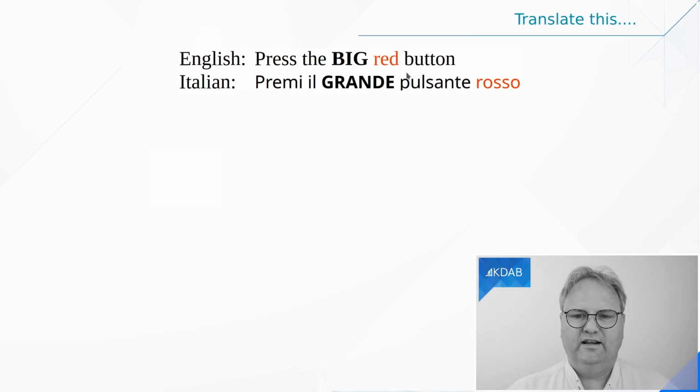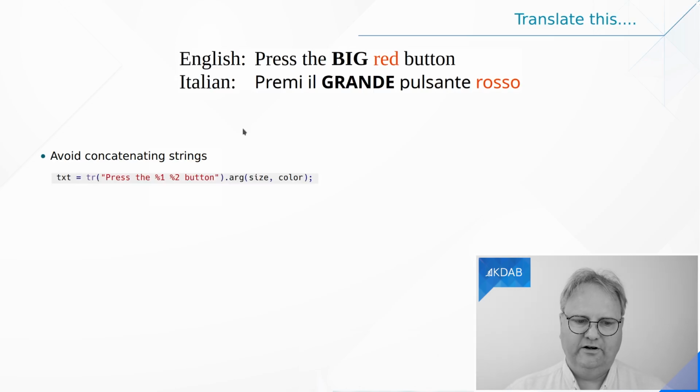You cannot just take the string, press the, and then plus whatever size you have in your C++ source code, plus whatever color, plus the string button, and ask your translators to translate that, because then they can't get the button in between. The solution is to use tr, and then these placeholders, %1, %2.